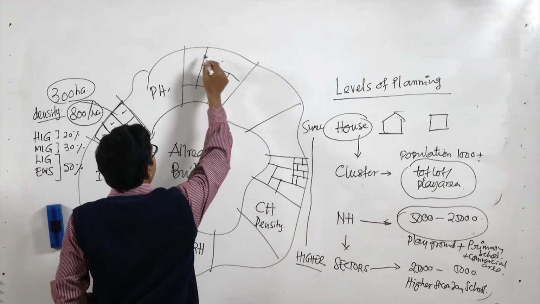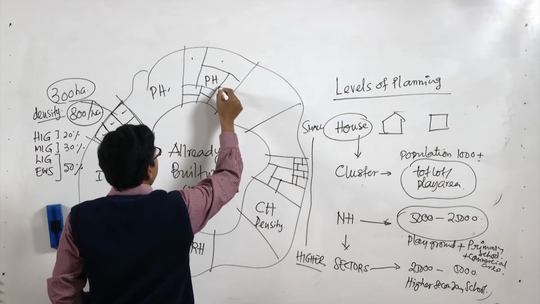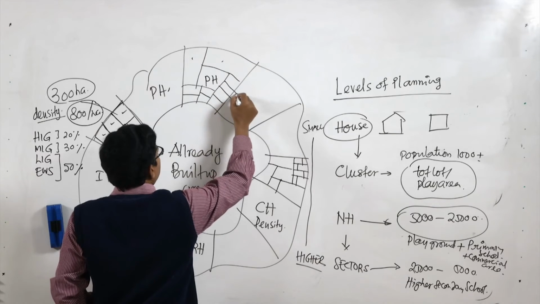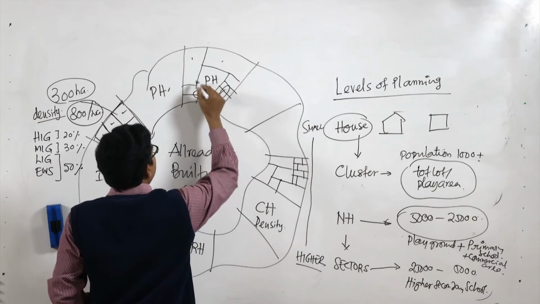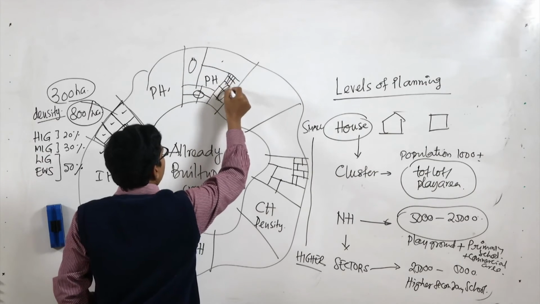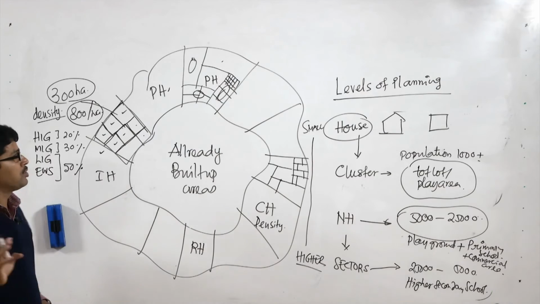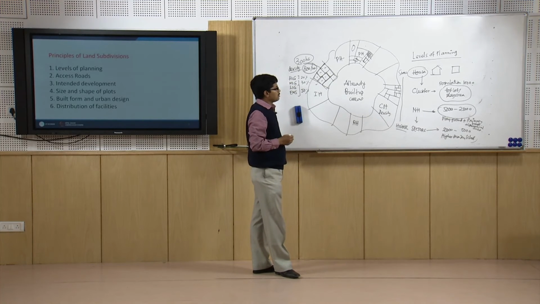So, we have to develop each sector by dividing it into various neighborhoods with some common facilities, and each neighborhood will have several local roads and small plots. I will show some examples so that you can understand in a better way.